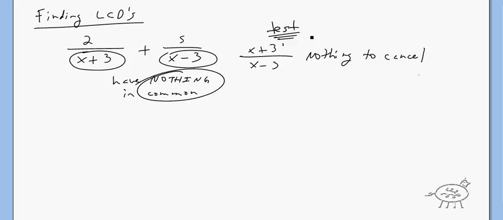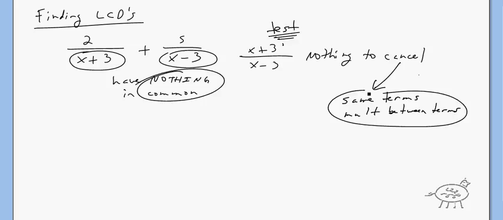In order to cancel, it has to be at least the same terms, and there has to be multiplication between terms. Those are very, very important. So I'm not even going to give you numbers anymore.